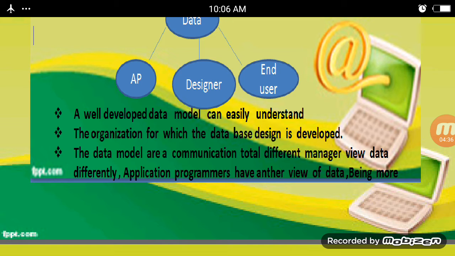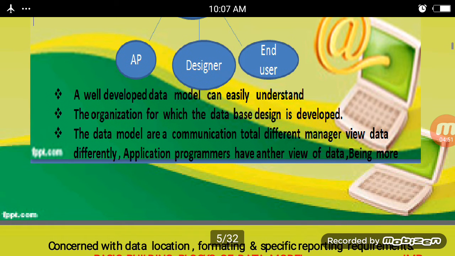Any organization for which the database design is developed. And then, the data model is communication; the manager has a totally different view of data, and application programmers have another view of data.